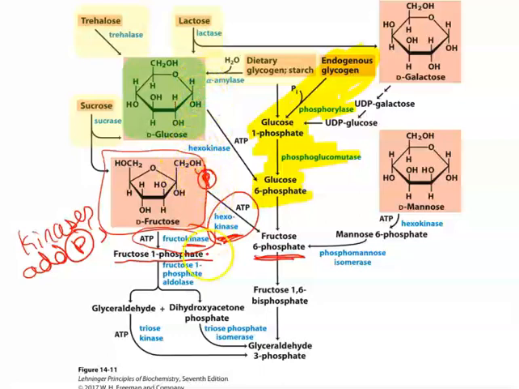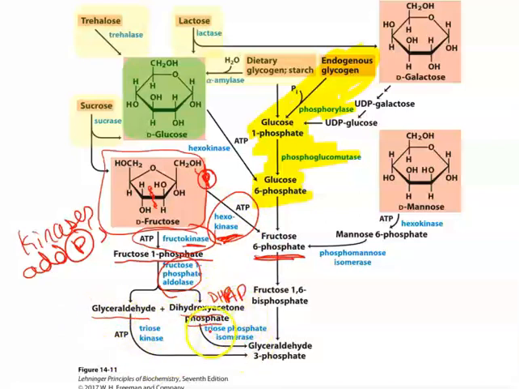That's fructose 1-phosphate. And then there's another enzyme called fructose 1-phosphate aldolase. Aldolases break the carbon-carbon bond between carbon 3 and carbon 4 of fructose. And so we end up with glyceraldehyde and dihydroxyacetone phosphate, also known as DHAP.